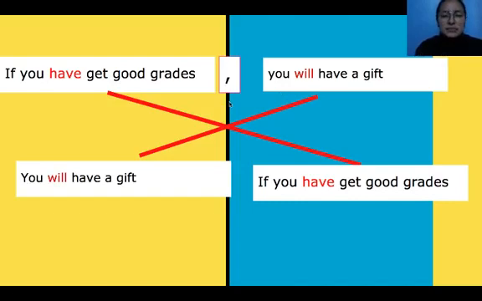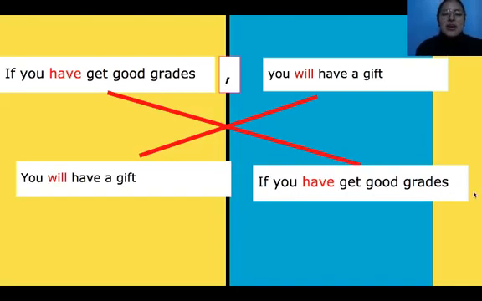And now, in this case, the result and the condition can change position. How? For example, the condition or the action can change and the result can change. Okay. You will have a gift if you get good grades.